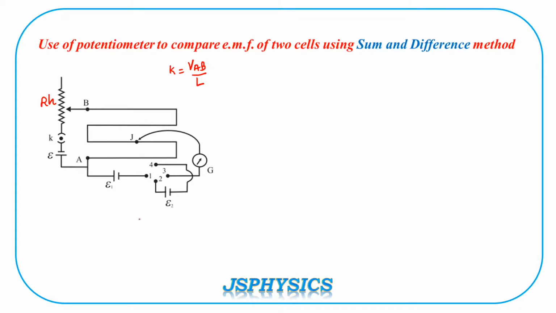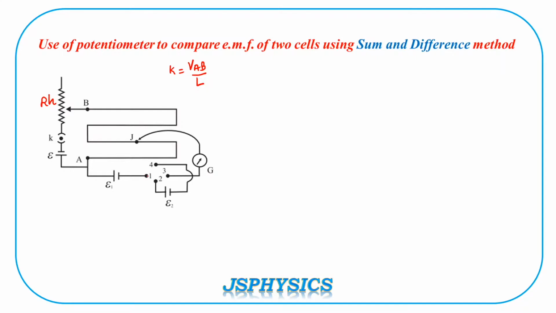Here again we'll be using the principle of potentiometer. The potential difference between any two points across the potentiometer wire is directly proportional to the length between those two points. So first we'll connect E1 and E2 so that they assist each other. That means the sum method. In the sum method, the negative of one cell is connected to the positive of the other cell.